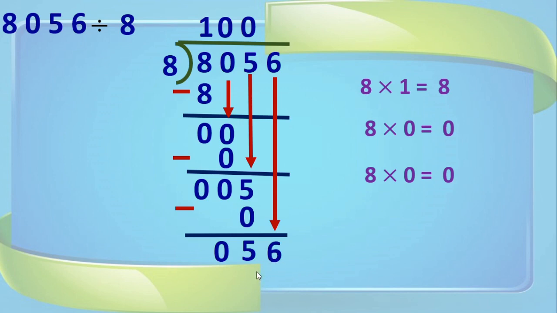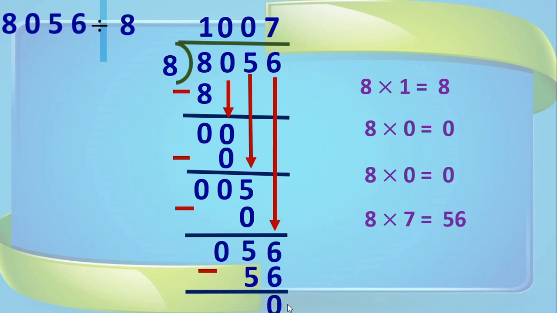It became 56. Now we will recite the 8 times table. 8 5s are 40. 8 6s are 48. Now we know that 8 7s are 56. Isn't it? So we will write 7 up in the quotient in the unit place and 56 below 56. So 56 minus 56 is equal to how much? 0.